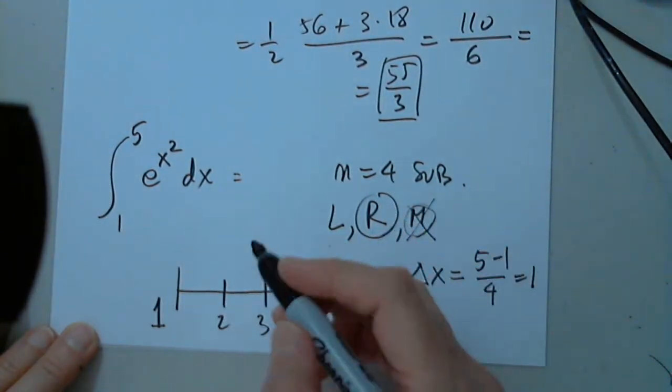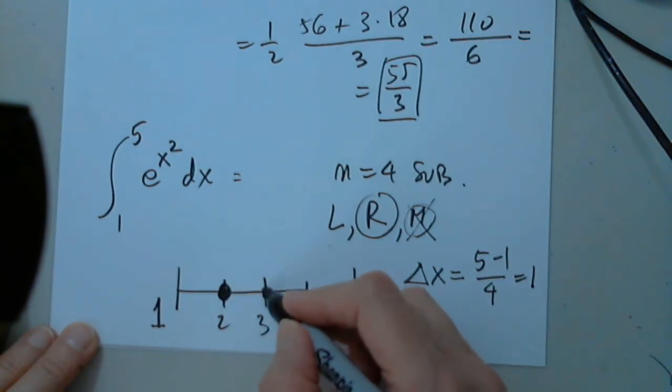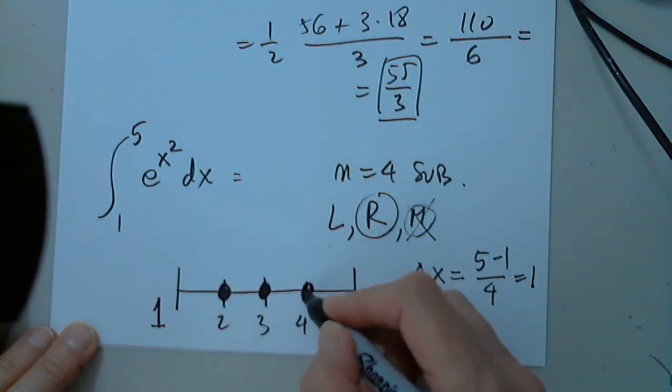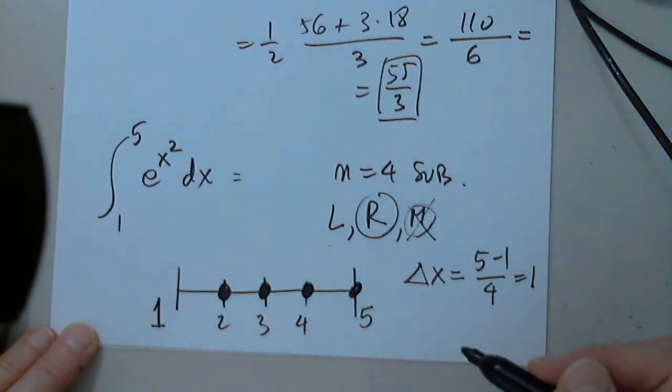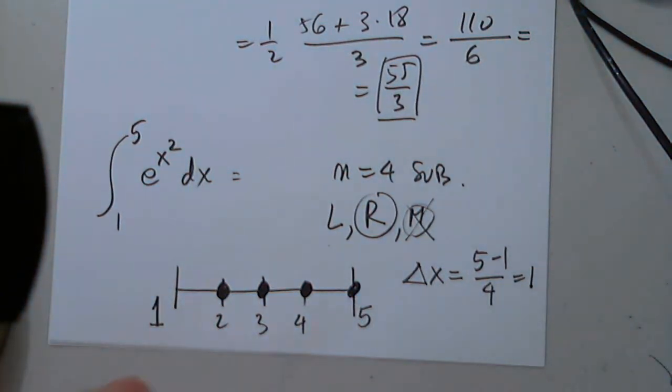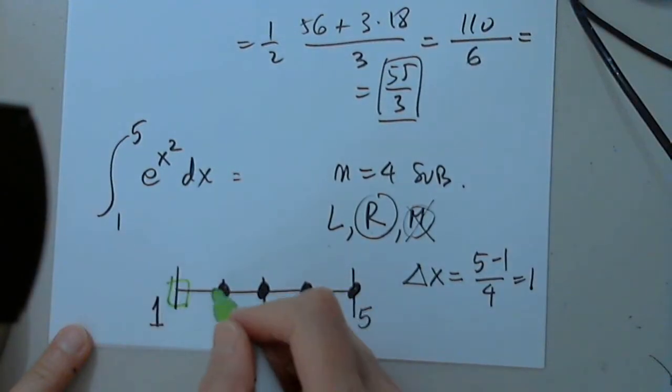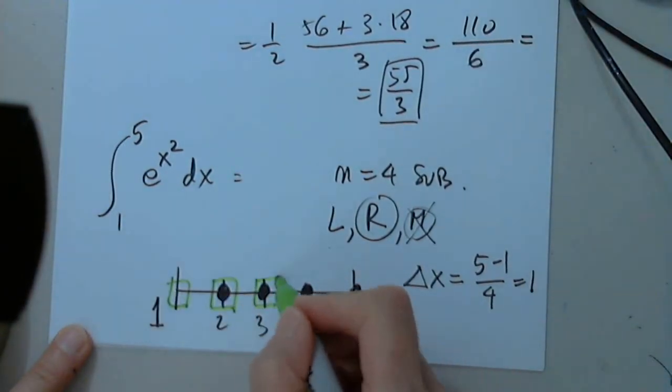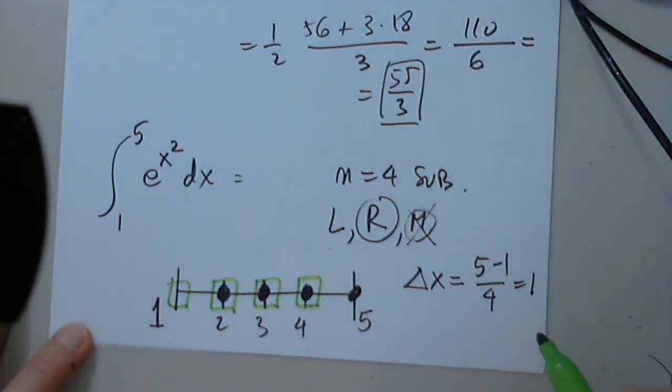We chose the right. I have to use this point for the height, this point for the height, and this point for the height. If you had said left, I would have used this point for the height, this point for the height, this point for the height, and this point for the height.